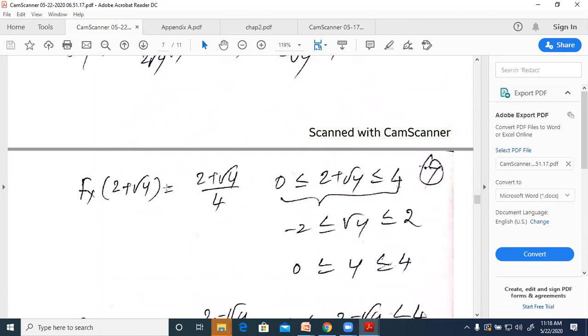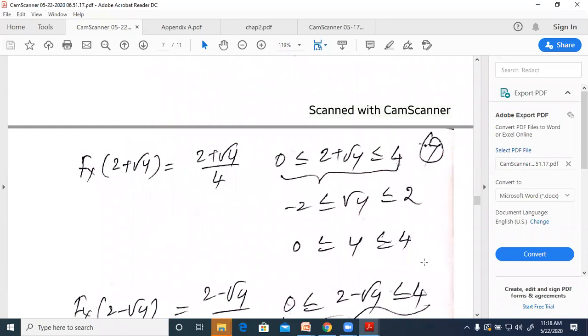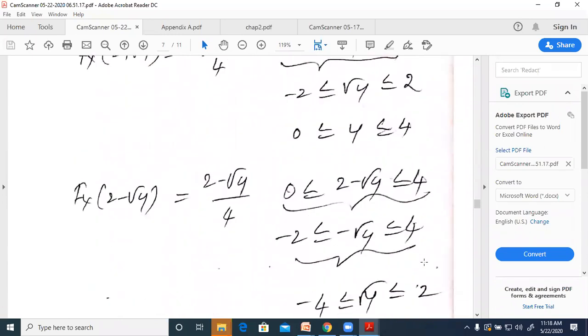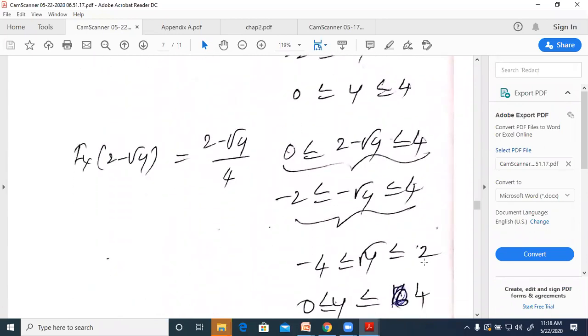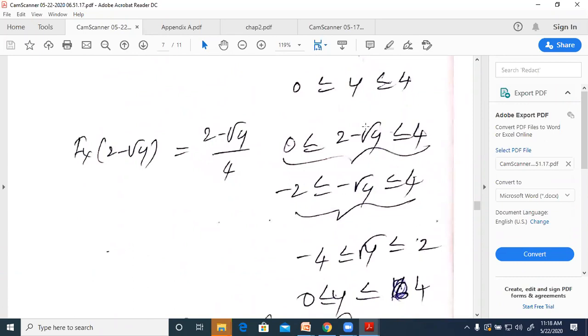f_X of 2 plus root y is equal to 1 by 4, within this range, 0 less than or equal to 2 plus root y less than or equal to 4, and that will give us the value of y to be between 0 to 4. Similarly, the other one, f_X of 2 minus root of y, will be again 0 to 4.